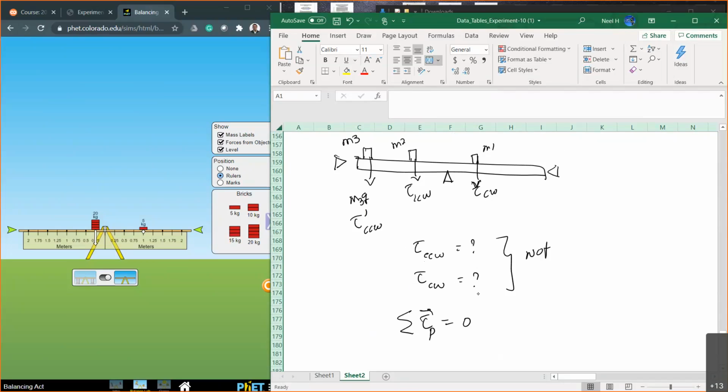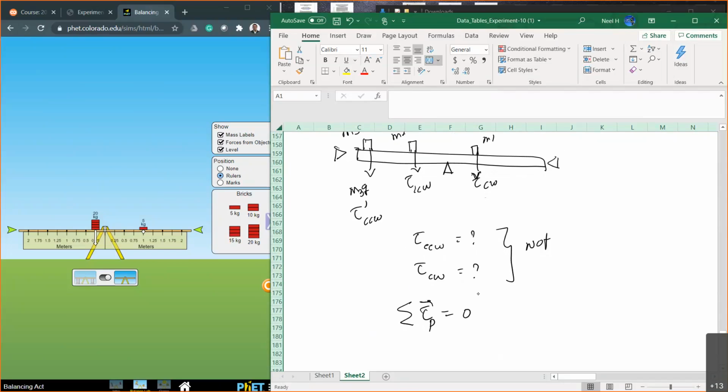So then if the object becomes level, we can say at this point, torque counterclockwise prime plus torque counterclockwise from the previous force must be equal to the torque clockwise. If that is the case, and I know what is the mass I am applying right there, I can find where it's supposed to go.